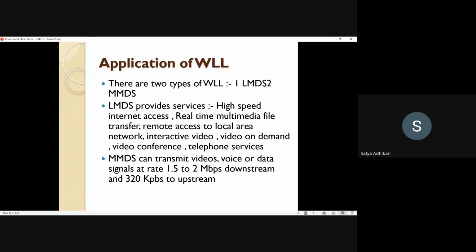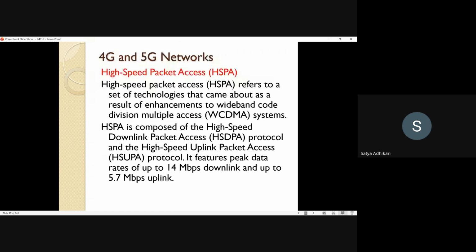LMDS provides services such as high-speed internet access, real-time multimedia file transfer, remote access to the local area network, interactive video, video on demand, video conference, and telephone services. MMDS can transmit video, voice, and data signals at the rate of 1.5 to 2 Mbps downstream and 320 kbps upstream. So depending upon the speed, the applications of WLL are LMDS and MMDS.